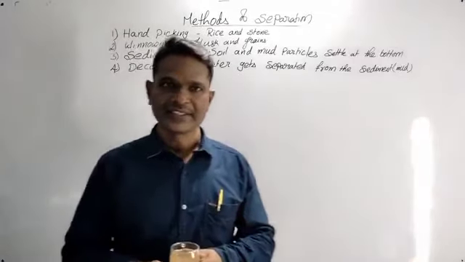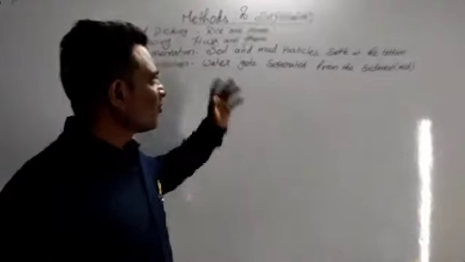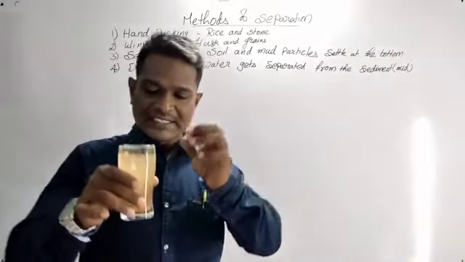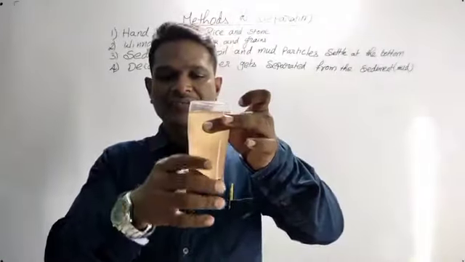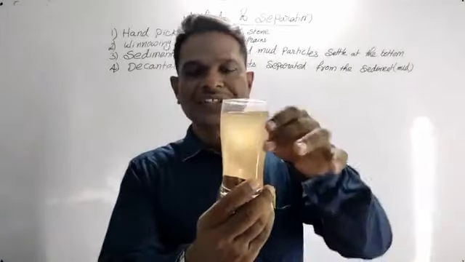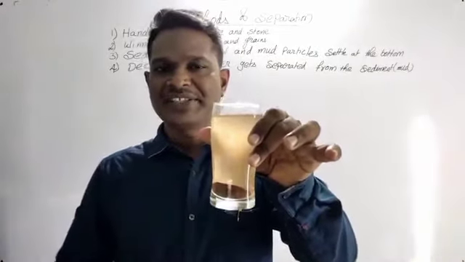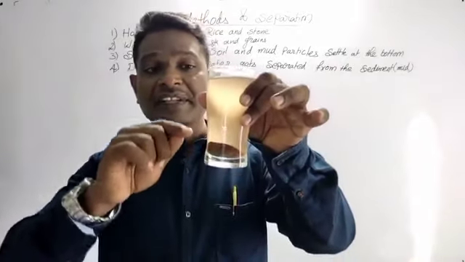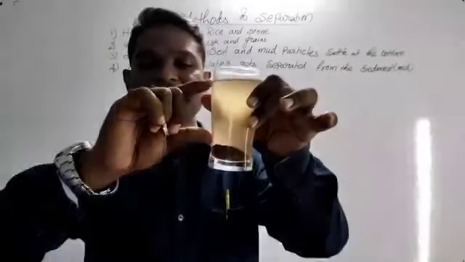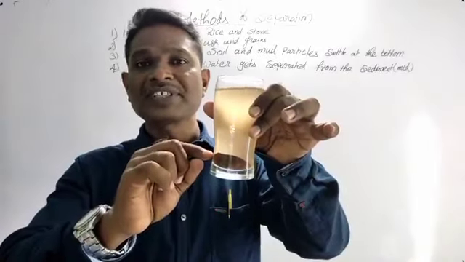Good. I think now we have seen what sedimentation is, isn't it? Now, when the water is clear after the sedimentation, there is another process, that is the separation of water from the sediment.